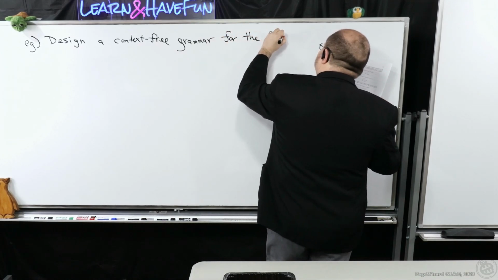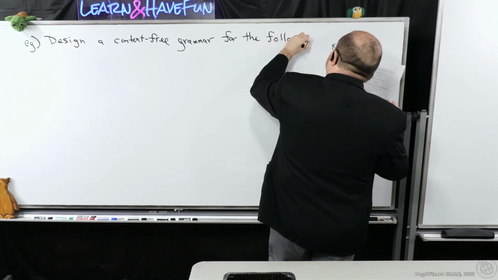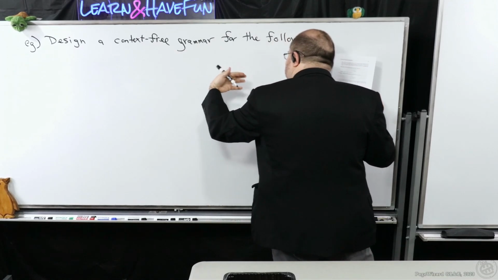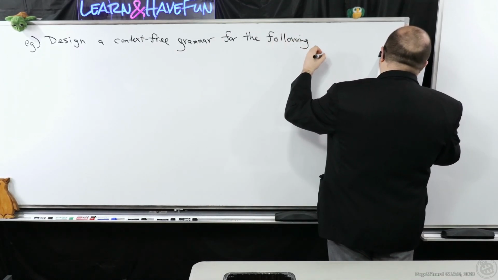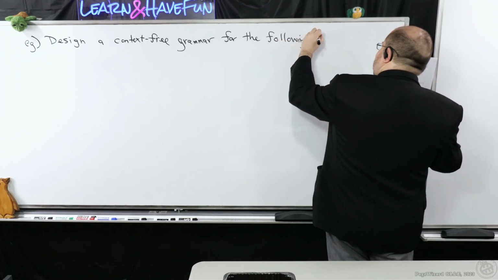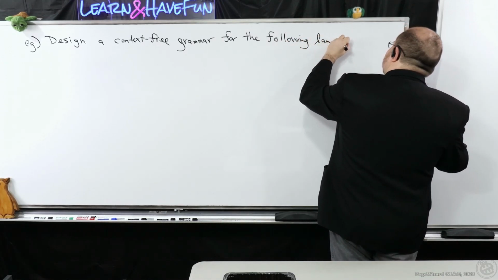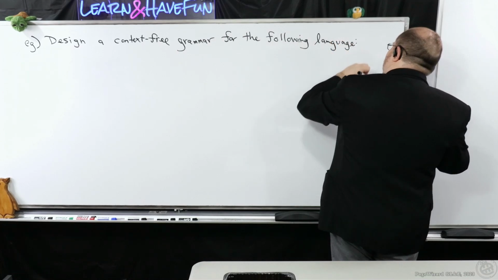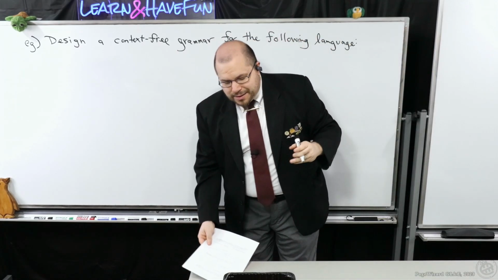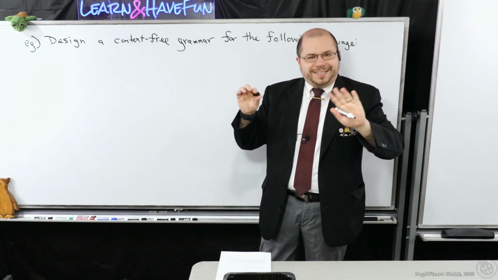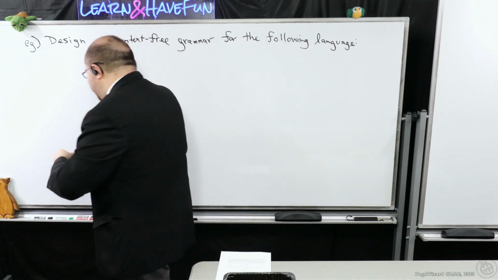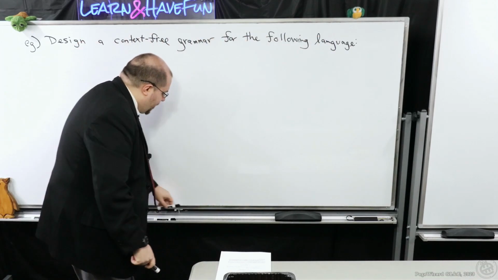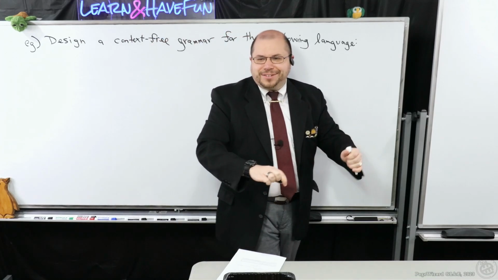I'm going to describe the language to you, and then we're going to try to come up with a way to describe it in terms of a grammar. I must stress that this is a language we've actually seen in the past, so there's nothing overly scary about it. However, I would like to describe it using a grammar.